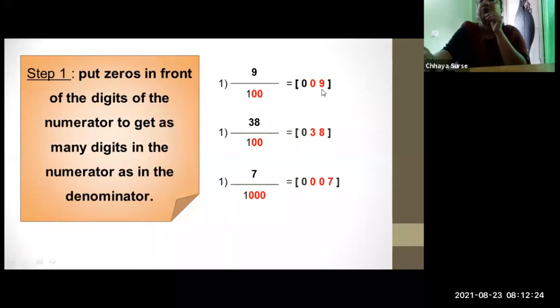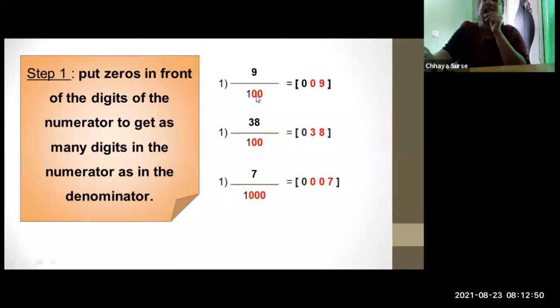Now this is 3 digit and this is also 3 digit. Both numbers are now equal in digits. If here it is 900, there is no need to add the 0.